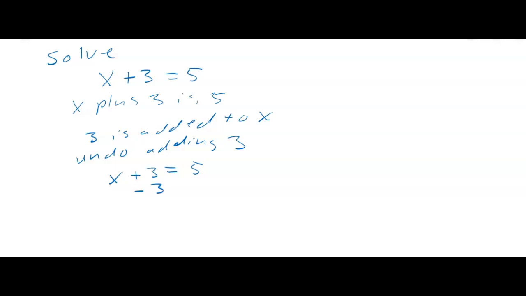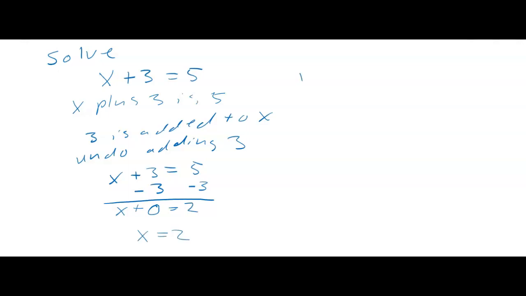But in order to keep this equal sign true, I would also have to add a negative 3 to that side. Remember, adding a negative is the same as subtracting the positive. So here, I have a positive 3 and a negative 3, so that gives me a 0. And that's what I wanted. I wanted x plus nothing. 5 minus 3 gives me a 2. We don't write the 0, so x equals 2 as our answer.